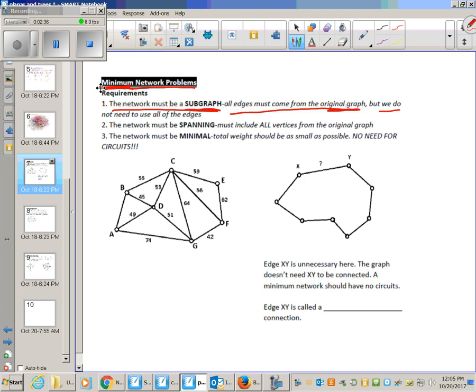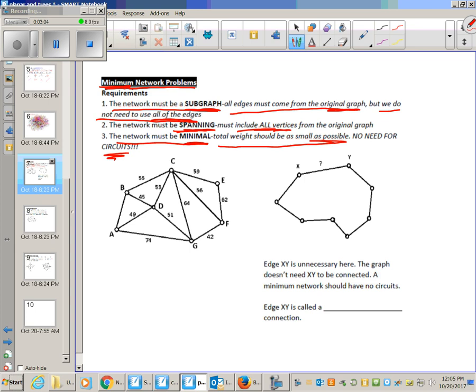We do not need to use all of the edges though. We're trying to find a spanning subgraph. It must include all vertices from the original graph. And the network must be minimal. The total weight should be as small as possible. There's no need for any circuits. So basically what all that's saying is I'm trying to find a minimum spanning tree.